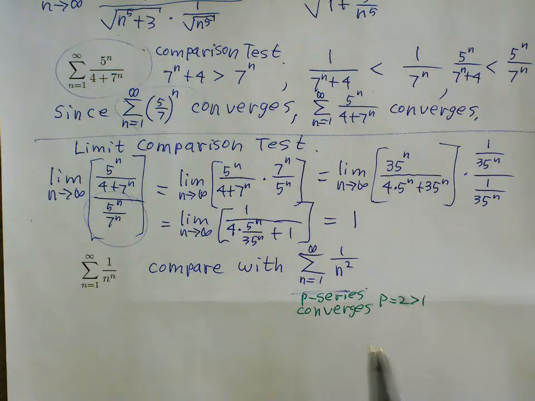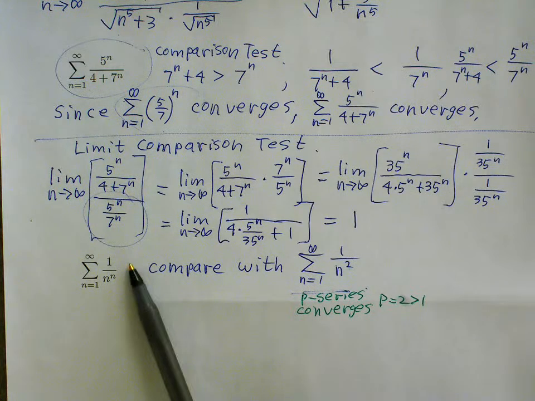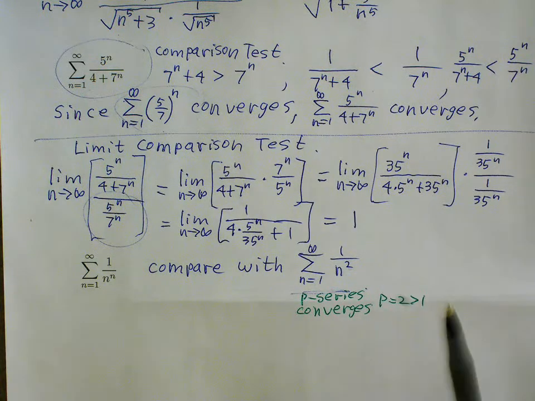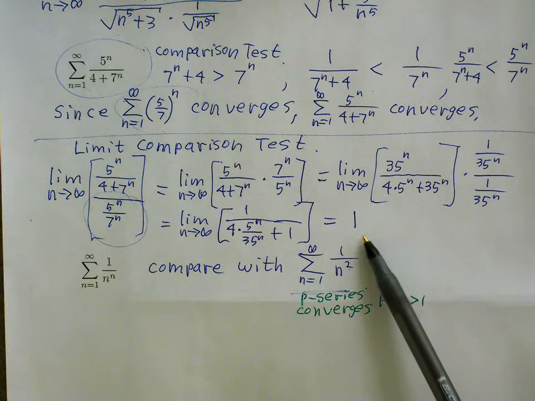So we need to justify using this as a series to compare it with. So what does that mean we have to do? Yeah, we have to show that the terms from the series 1 over n to the n are less than the terms 1 over n to the second.